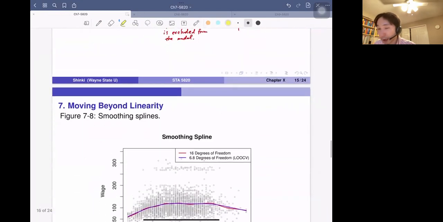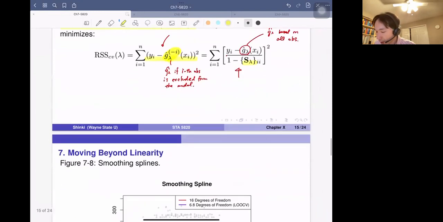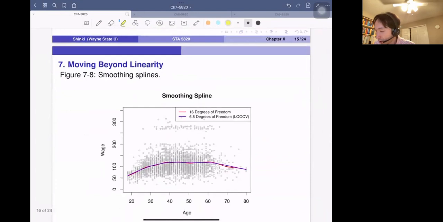So this is the way to fit the model, and this is the fitted curve here. In this case, we have ties in age, since age is reported as an integer.